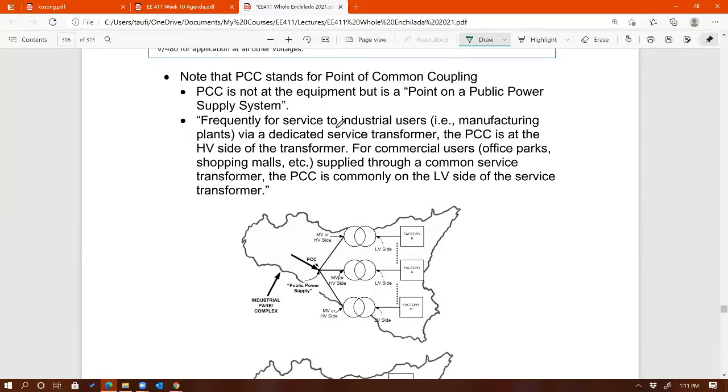If it's industrial customers, big customers, then the PCC would be on the high voltage side of the transformer. If it's for commercial users as well as residential, then it's going to be on the low voltage side.